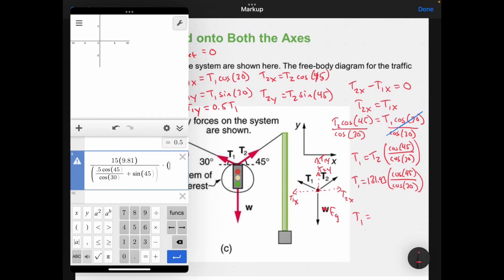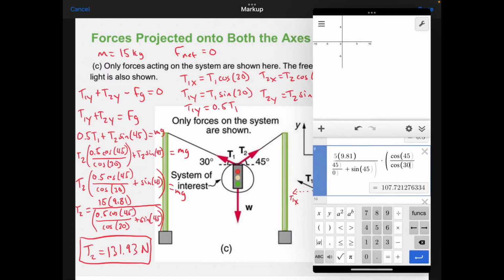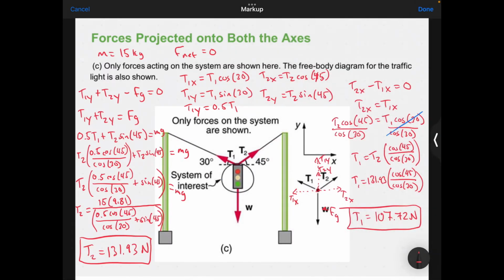I'm just gonna multiply it by cosine of 45 over cosine of 30. And there it is, 107.72. But you can clearly see that the two tensions are not the same here like they were in the problem where we had it balanced in the middle. But it also adds a lot more work to our plate in the process.